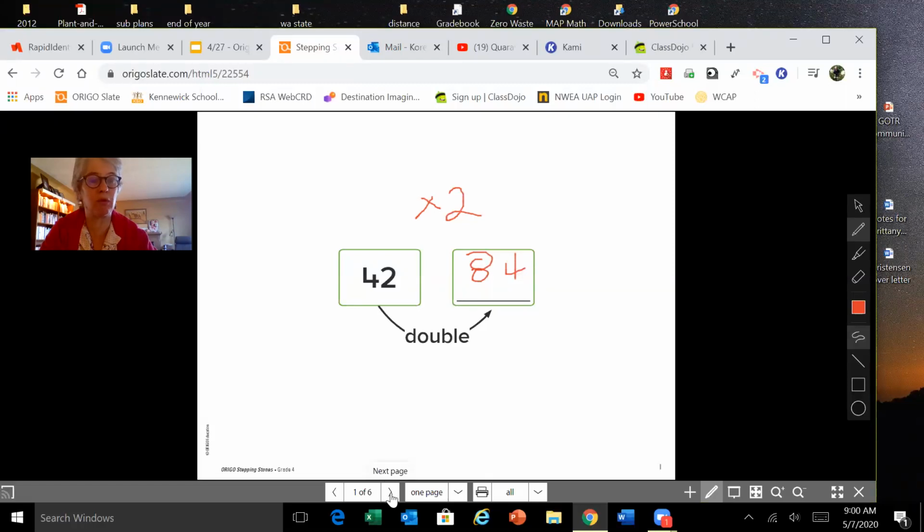So again, we're doubling. Now this next one is a little trickier because we see that we've got a 7 in our ones place. Okay, and it's also over 5, which means we're going to be basically carrying. So we might think about, okay, what's 7 plus 7? And 7 plus 7 equals 14.